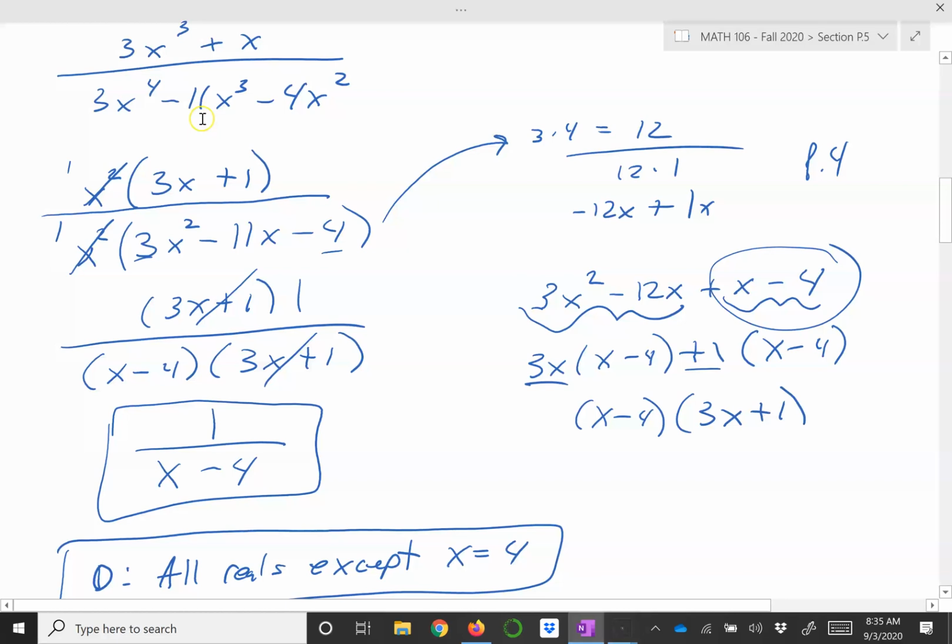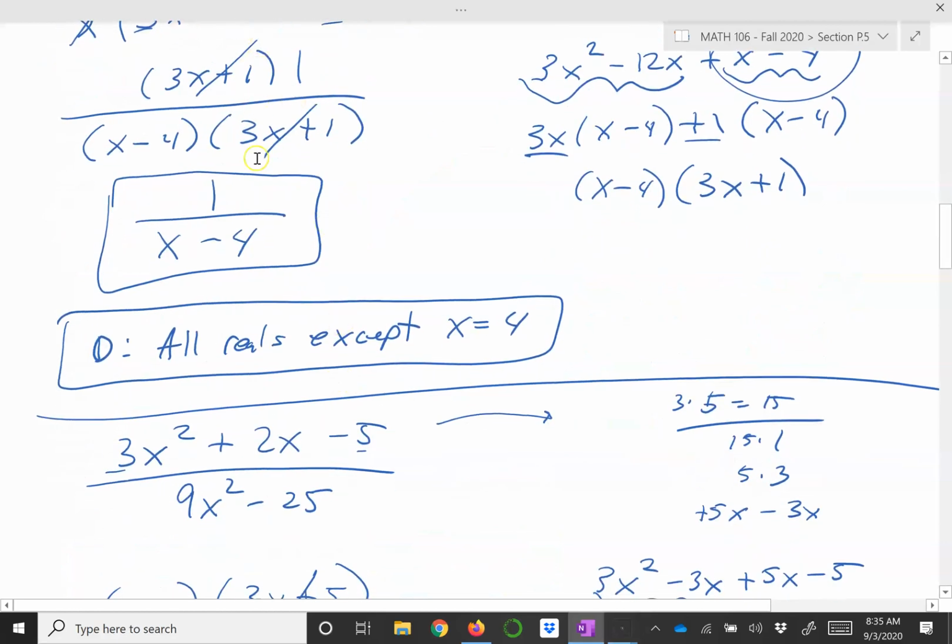Well, in the original rational expression, if that binomial was 0, you would still have an undefined rational expression. So if you solved, what x value would you need here? You would need a negative 1/3, okay? But I'm only concerned with, once you do the reduction, determining the domain of that reduced rational expression. Does that make sense? Is everyone okay with that?